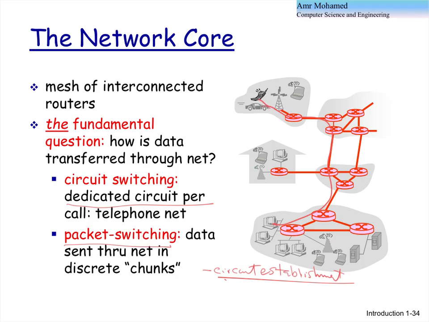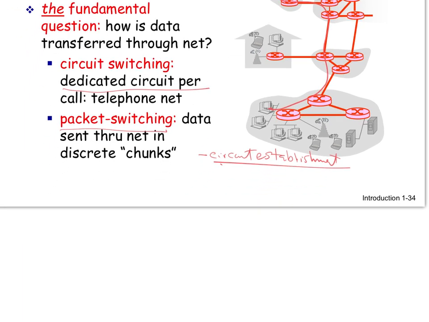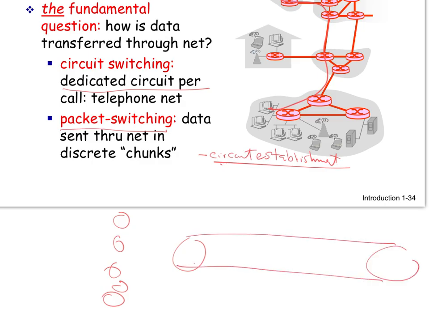Alright, in packet switching, it's different. You have many users, okay? They are sharing the core network. How? Each user converts his traffic into a set of packets. That's why it's called packet switching, right?